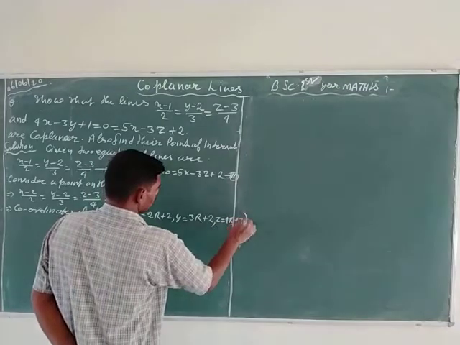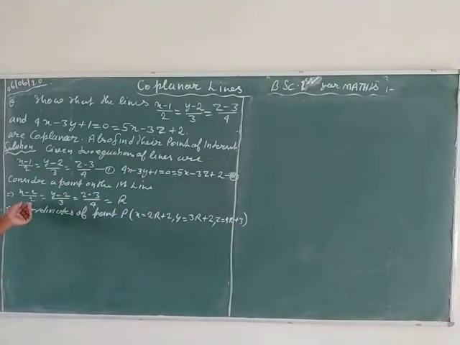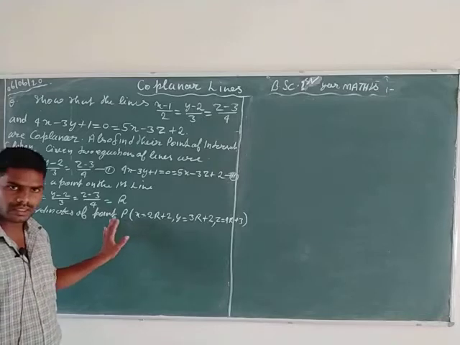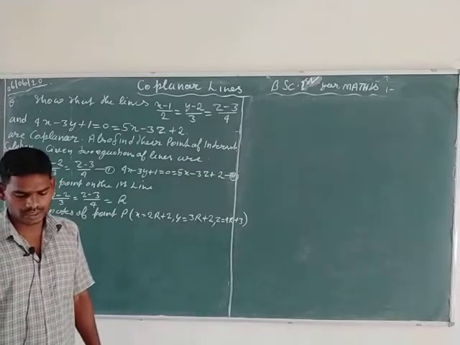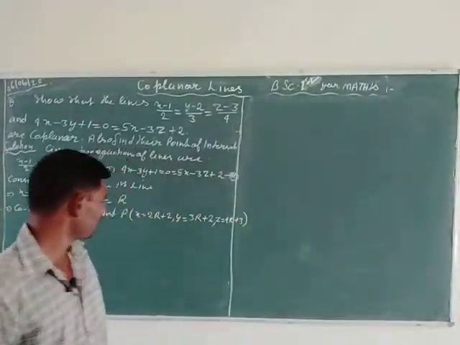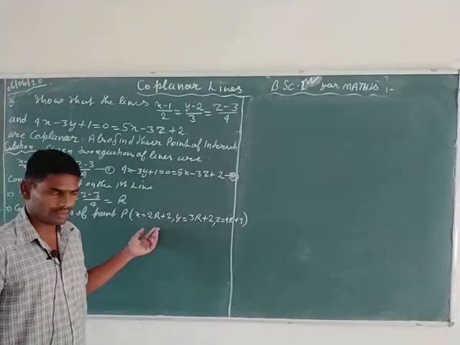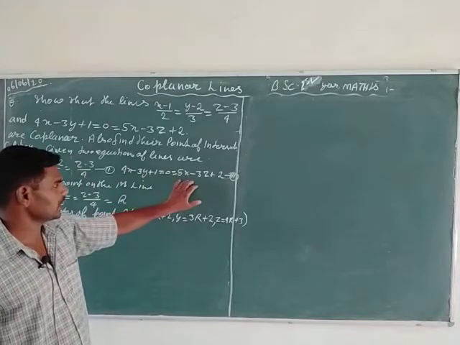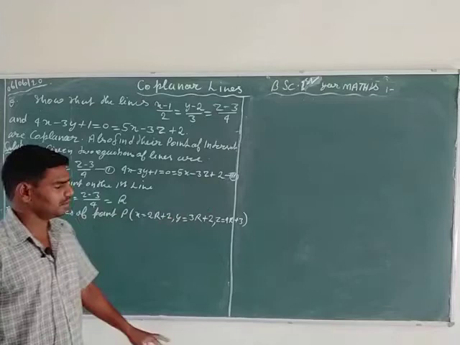These are the coordinates of the intersecting point capital P. If this is the intersecting point of the two given straight lines, then all values of x, y and z must satisfy the first and second equations of the second line.